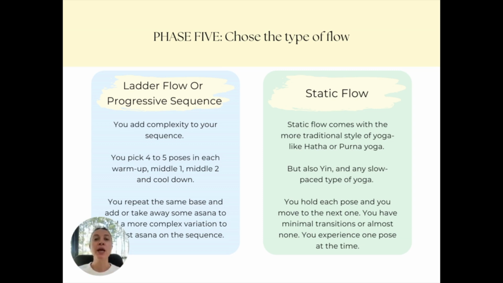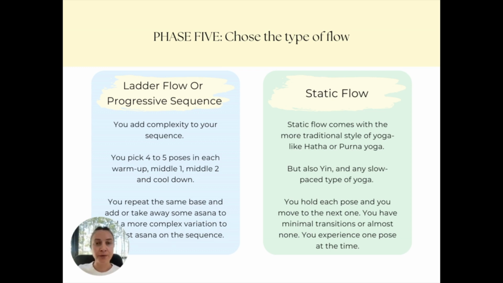So, for example, if we have a sequence that goes like plank, side plank, wild thing, from wild thing to warrior one, from warrior one to humble warrior, and then you go back to plank, side plank, wild thing, warrior one. From warrior one, you add up.